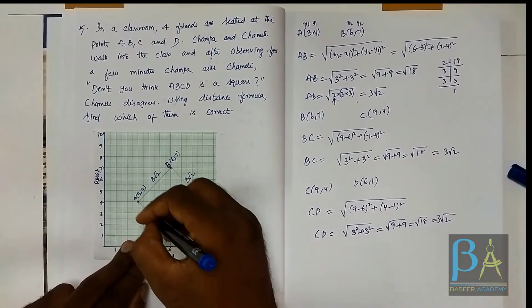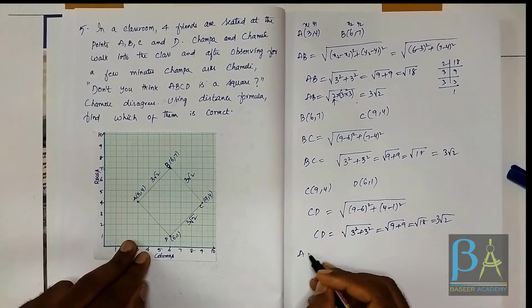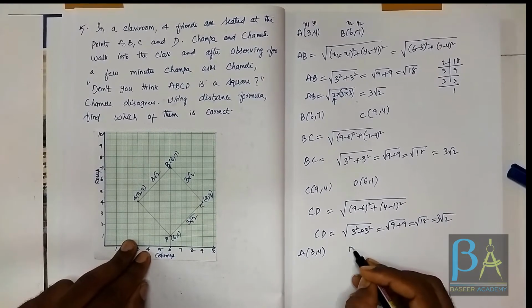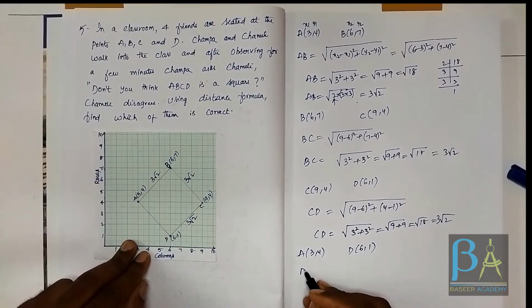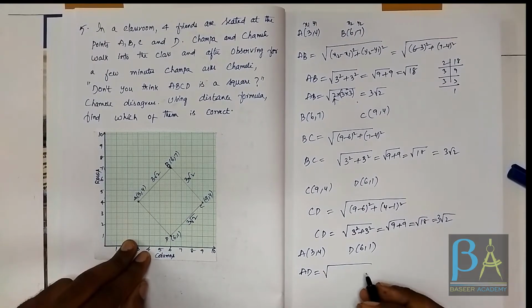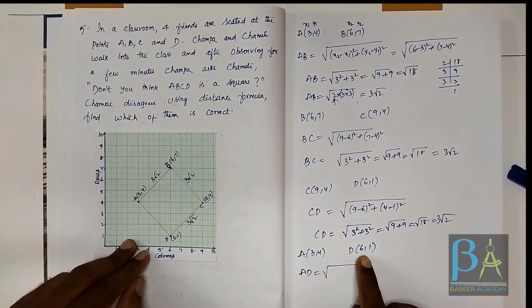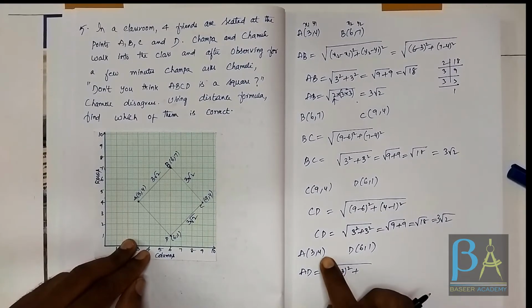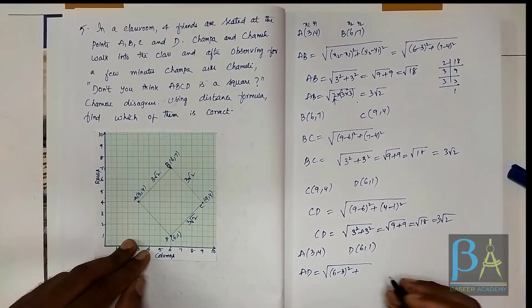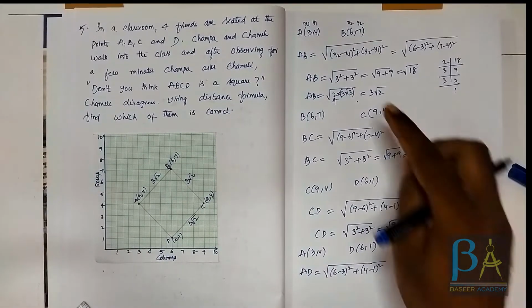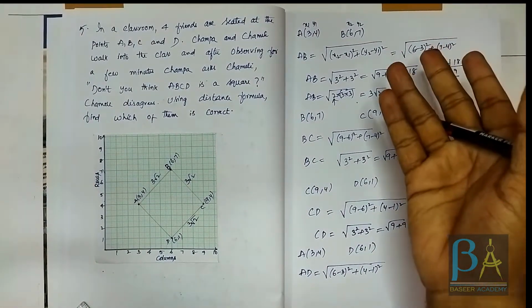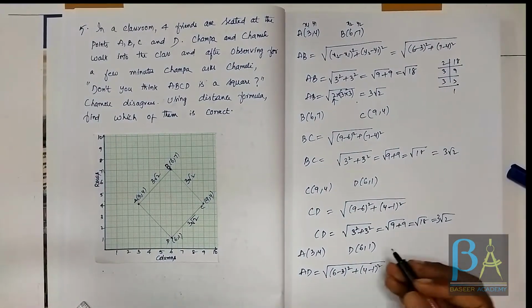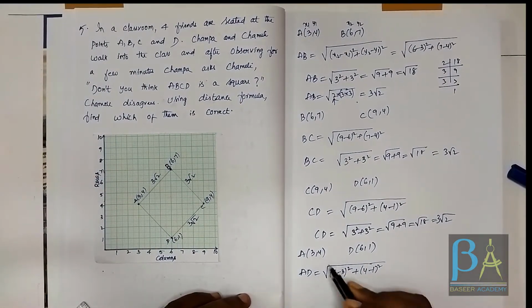Now let us find out the distance between point A and point D. Point A is given as 3, 4, point D is given as 6, 1. What would be the distance between point A and point D? Subtract the x coordinates. 6 minus 3, square it. Subtract the y coordinates. Always from the bigger number subtract the smaller number. This is what I personally do. I mean, at your level you can use the distance formula and substitute in it, but I personally just subtract the x coordinates, square them, and then subtract the y coordinates and square them.